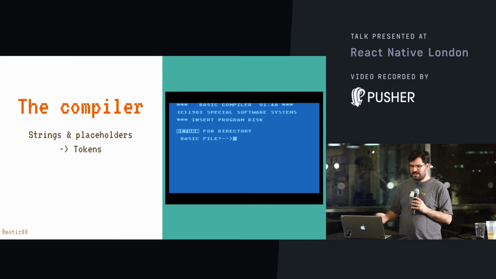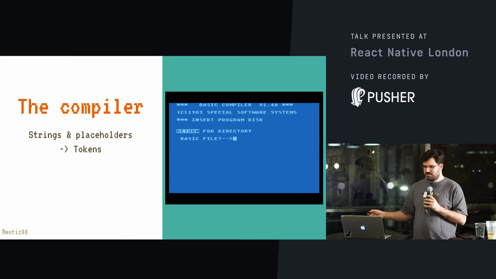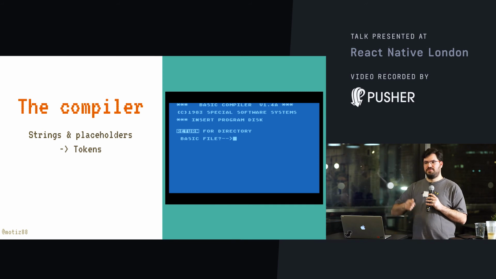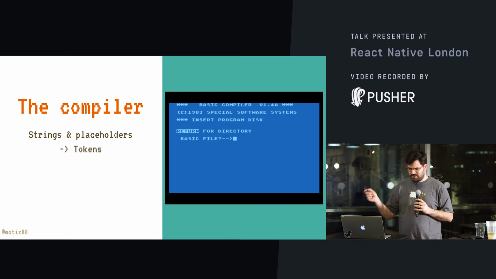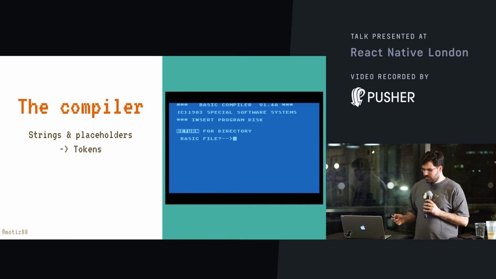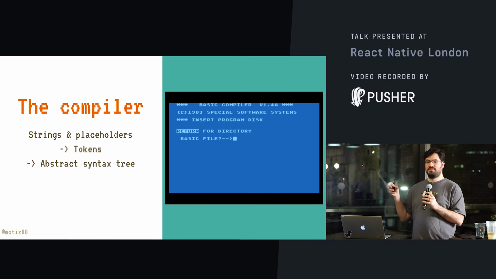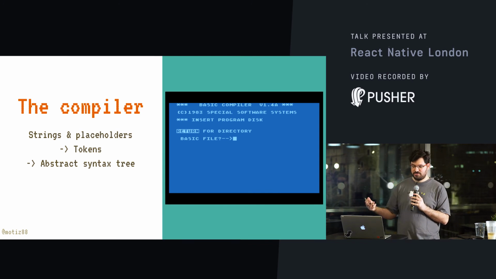We process that into a stream or a soup of tokens, which is just a linear representation of what comes first and what comes next. We'll see an example in a little bit. Then we parse this token soup into a structured representation, which is an abstract syntax tree.